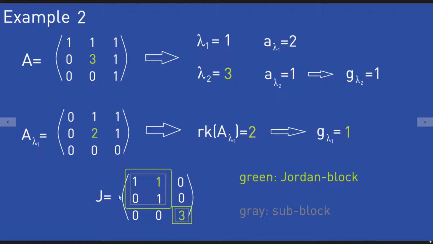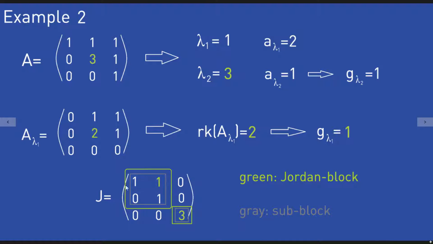Now, the Jordan normal form changes a bit. So we still have these two green Jordan blocks here. The first one of length 2, because the algebraic multiplicity of the first eigenvalue is 2, and the second one of length 1. But now we only have one sub-block inside of the green Jordan block.